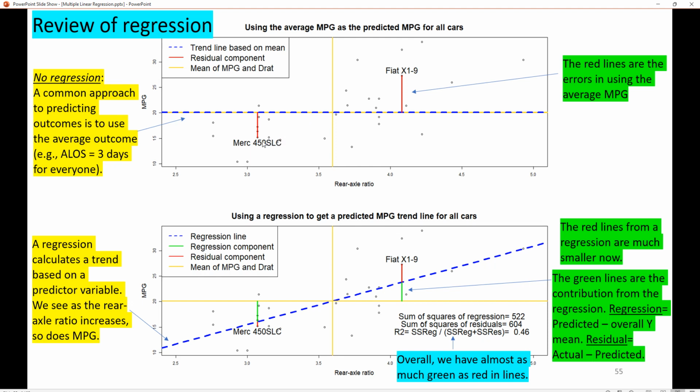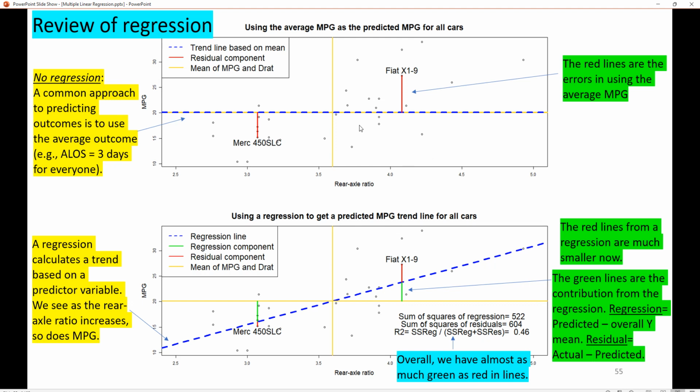On the bottom left we have the Mercury 450. On the top right we have the Fiat X1. And where their names are at, that's where that value's at. There's a little dot right below the Fiat and a little dot right above the Mercury. And those are the actual miles per gallon for those 2 cars.